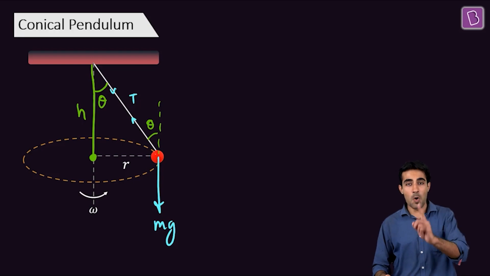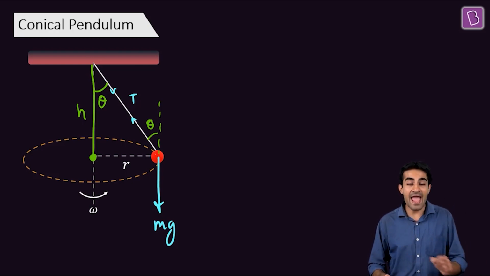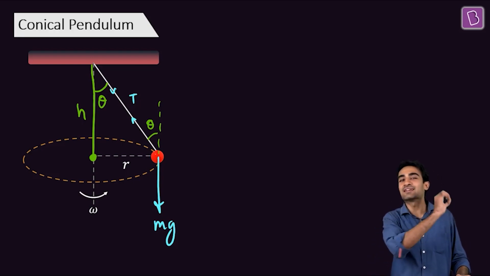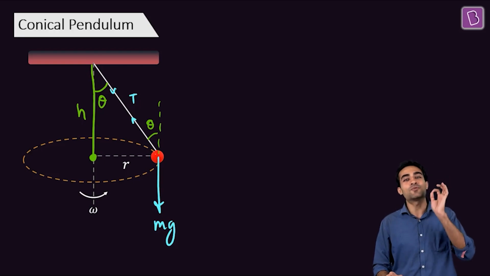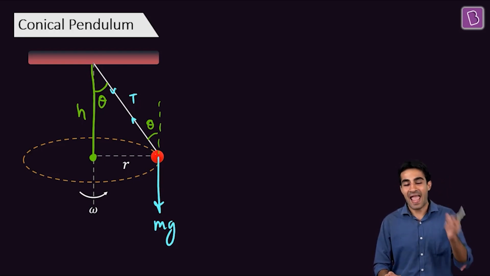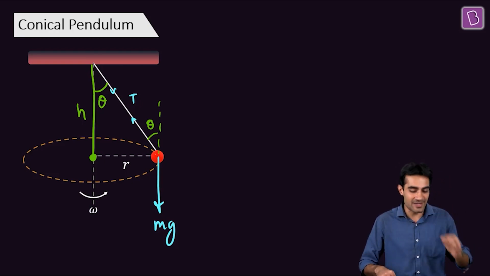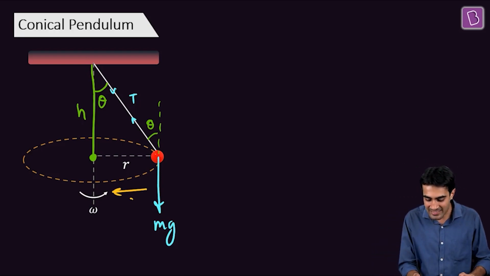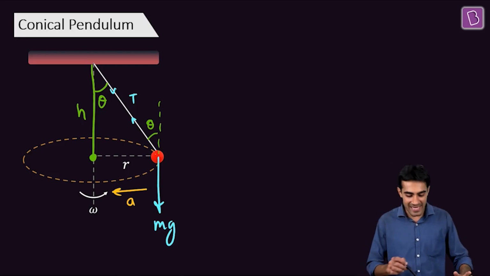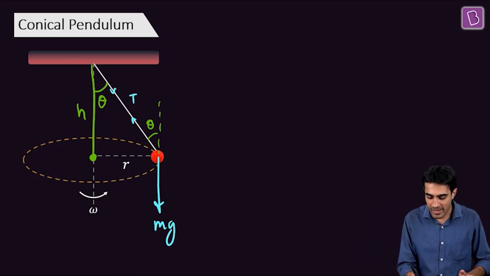Now, this ball is moving in a circle. And anything moving in a circle, does it have any acceleration? You say yes. If the speed is constant, then also we have some acceleration, and that acceleration is directed towards the center, and that acceleration is known as centripetal acceleration. We will call the acceleration to be A. Let me just draw A right over here.